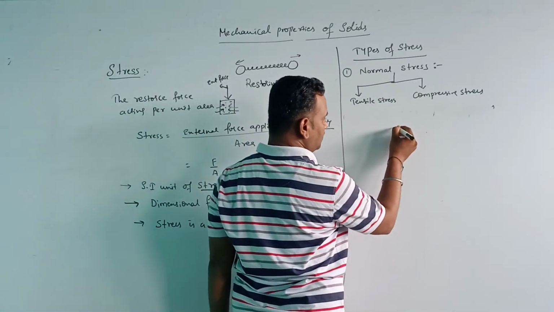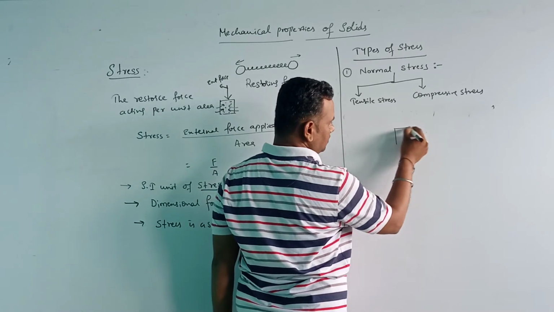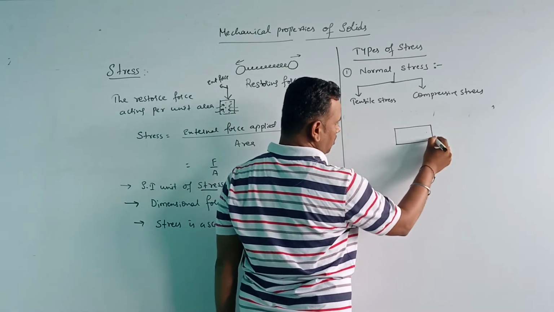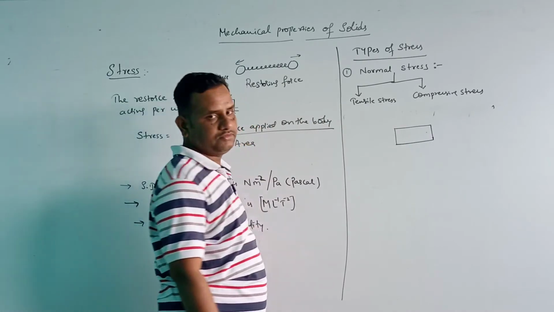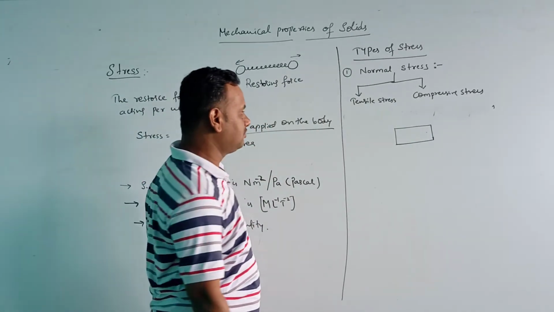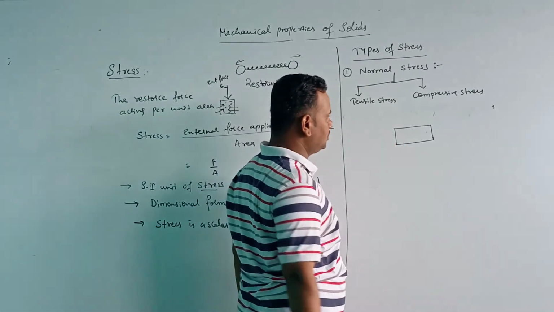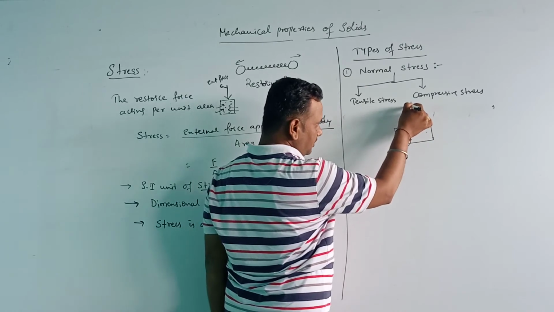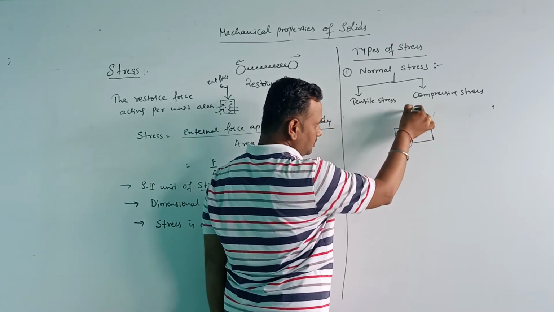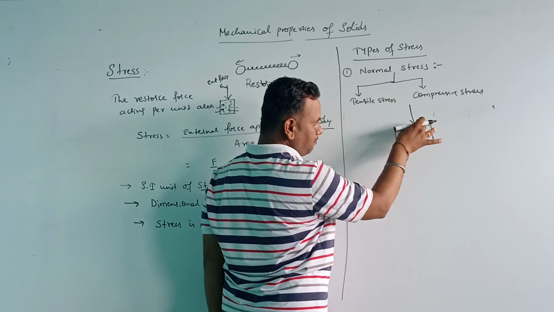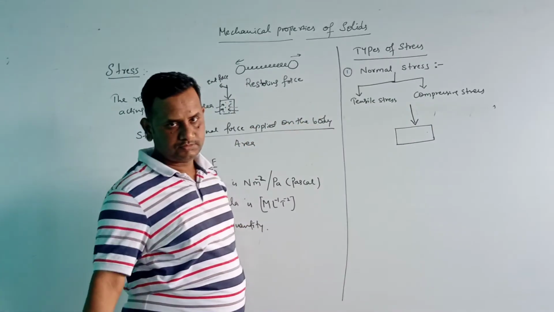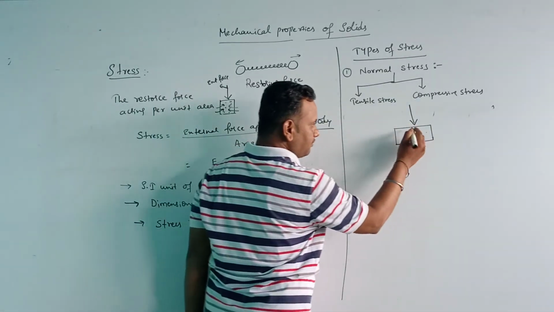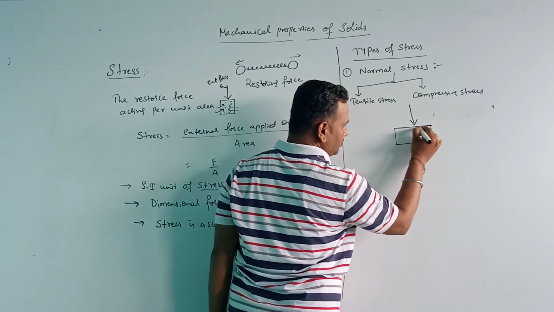So suppose, for example, there is any box or any notebook, a book we can say. Let us consider a box. Now the force is being applied. This is the force which is acting perpendicularly to the surface of the body.